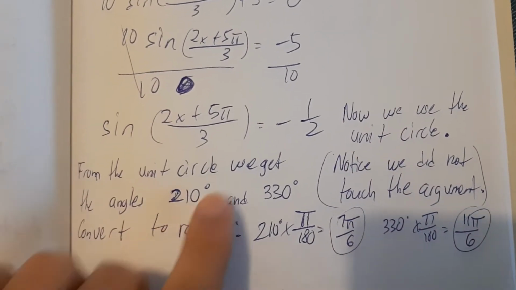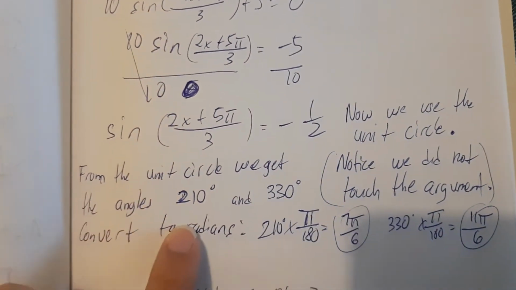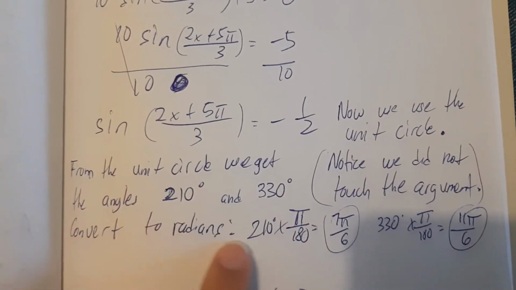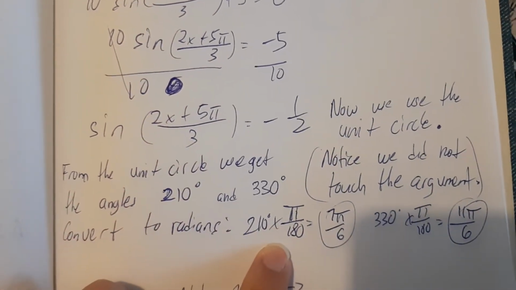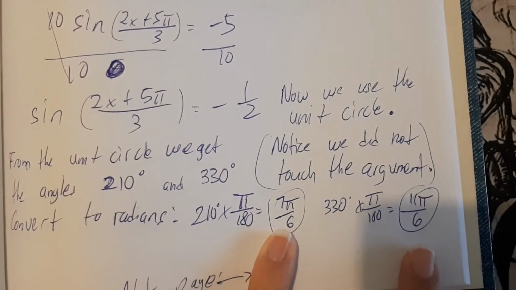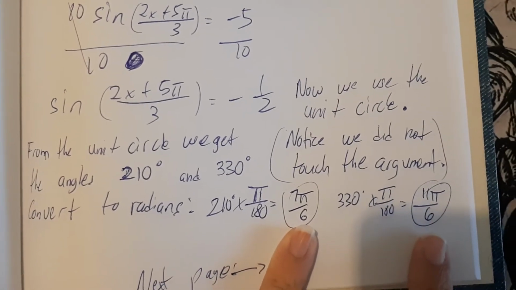According to the unit circle, the angles where the sine is negative 1/2 are 210 and 330. And we convert them to radians by multiplying by pi divided by 180. So we have these two values, 7 pi divided by 6 and 11 pi divided by 6. All right?